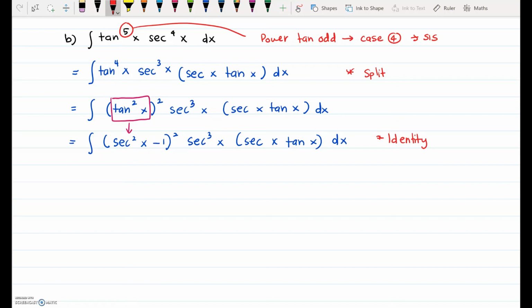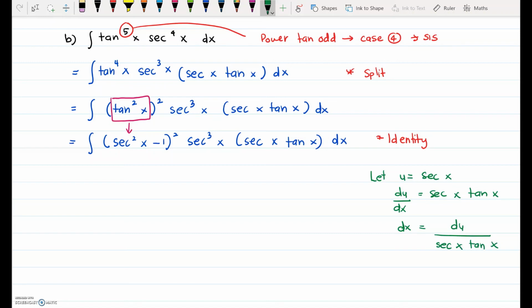Then the next step is we will use substitution. Let u be secant x, then du/dx will be secant x tangent x, and your dx will be du over secant x tangent x.